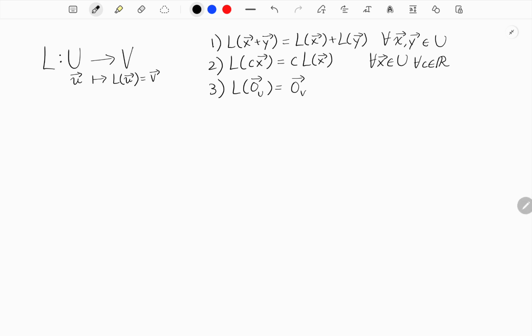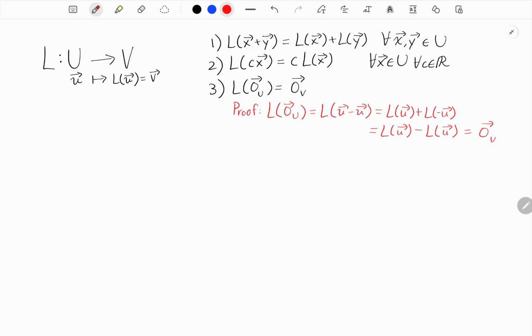And this is true because if you have L of 0u, that is just equal to L of, let's say, little u minus little u, where little u is in the vector space big U. And then this is equal to L of u plus L of minus u, or negative u, which equals L of u minus L of u, and that gives you 0v.